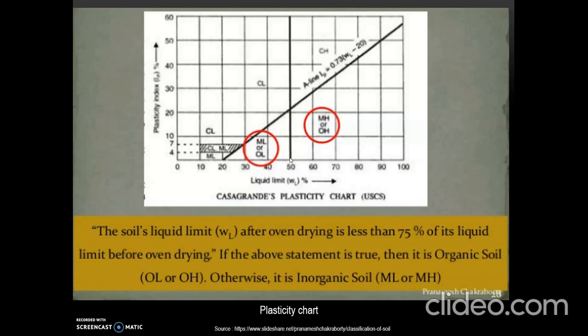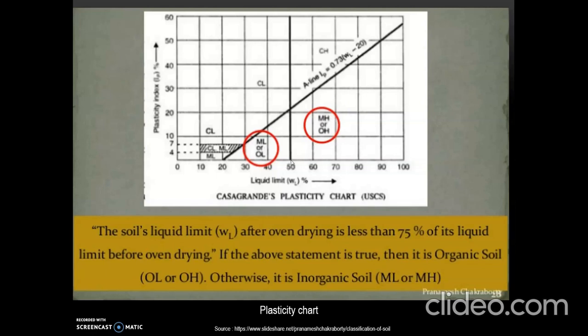So liquid limit above 50 is referred to as highly plastic soil. So we can see here letter H used, which is the second letter. H stands for high plasticity.